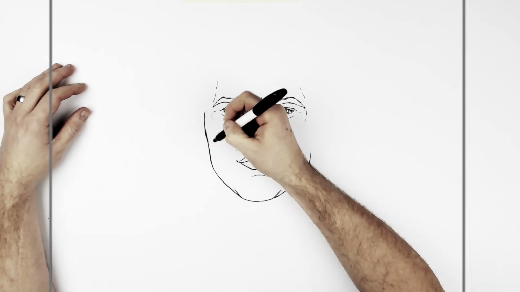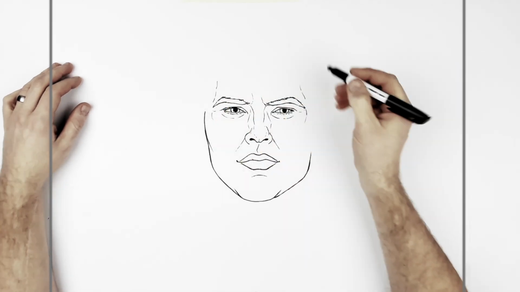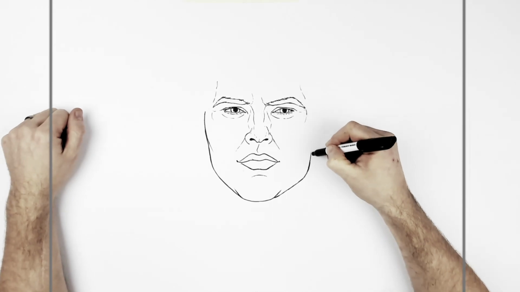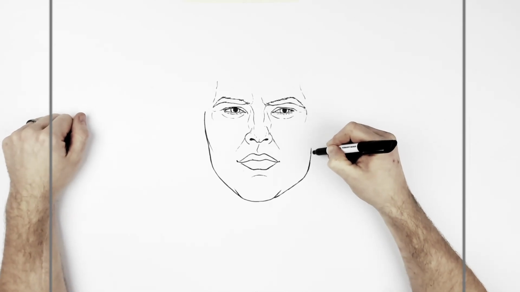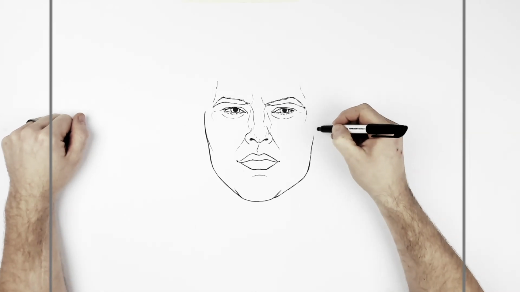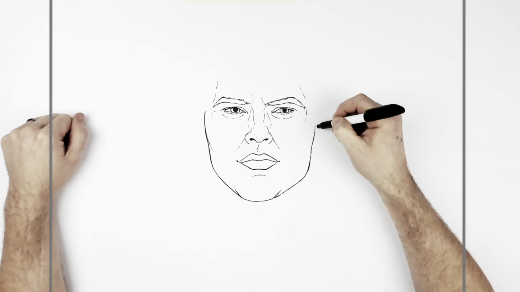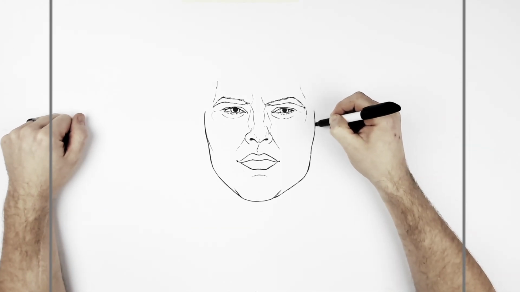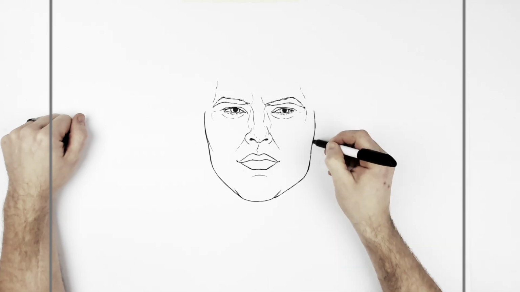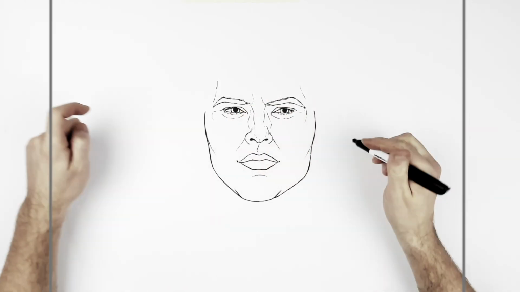Right, so another curve out and just a slight line in there for his cheekbone. Again, he's a very wide face. Curves out here, and just a little thing for his cheekbone there. And, you know, his jaw is quite big.